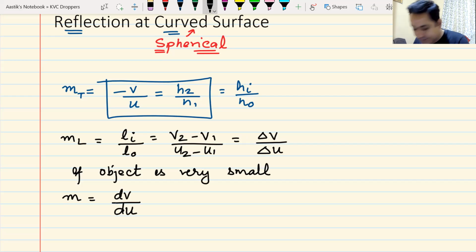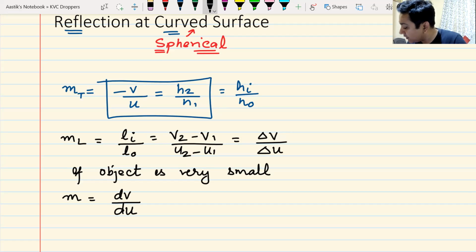Do we understand this? Where dV stands for the change in the value of V, and dU stands for the change in the value of U. Do we understand this?